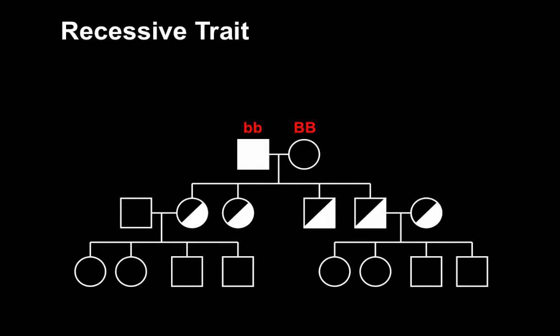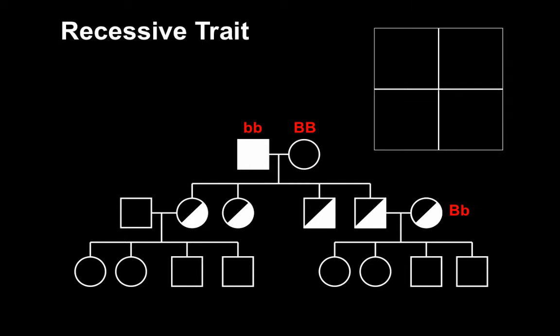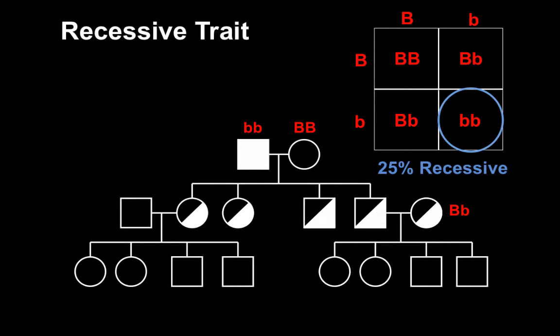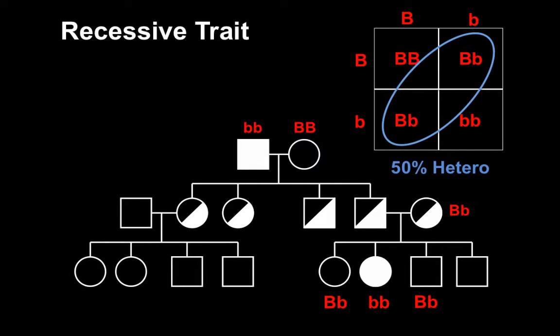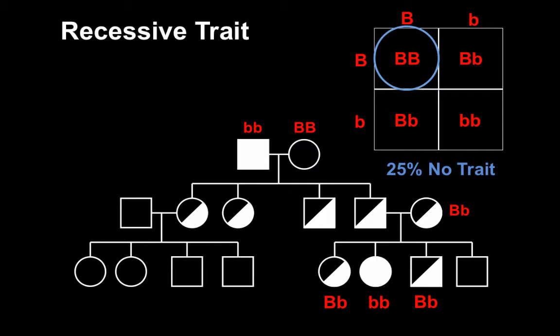All right. Let's say that this carrier marries another carrier and has kids. Set it up. Now, if you remember way back, this Punnett square is going to end up being a 1 to 2 to 1. So, 25% recessive, 25% no trait, and 50% heterozygous, so carrier.